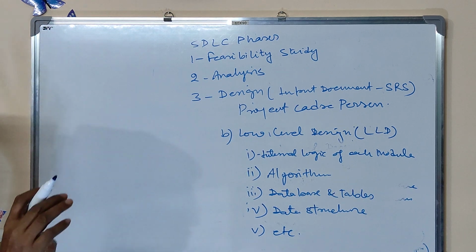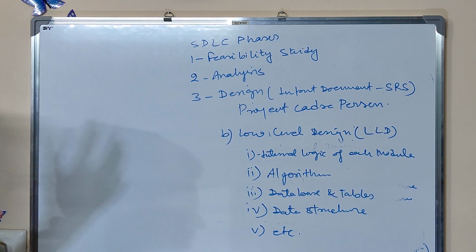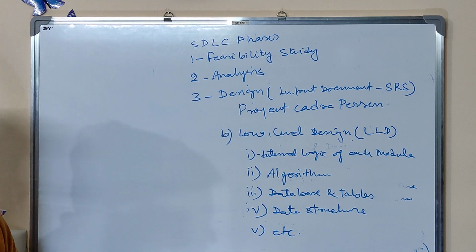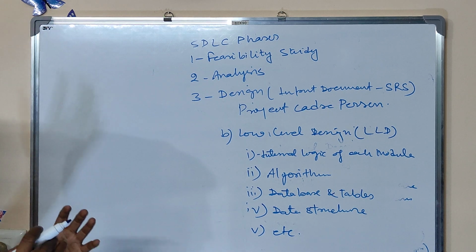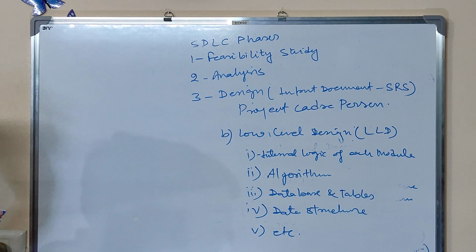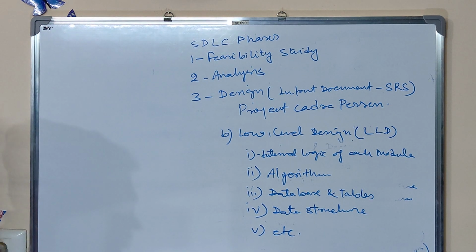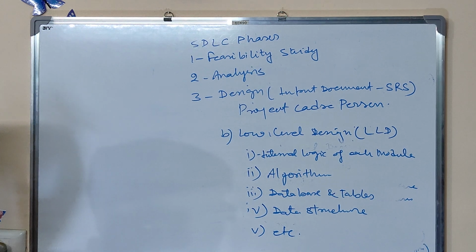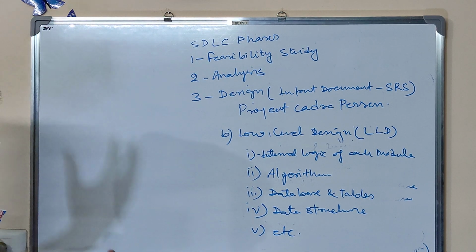He will show the external look and feel of the building, and take approval from you, like the number of rooms on a floor, and how the different types of rooms are related with each other, like bedroom, kitchen, washroom, hall. These types of information are put under high level design.